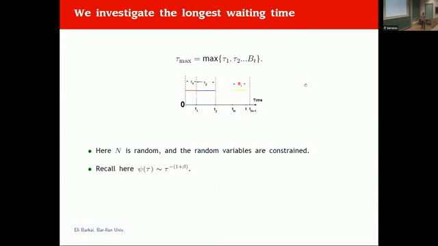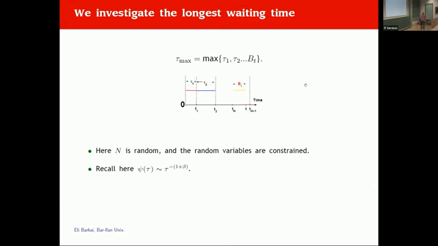We have these waiting times, tau 1, tau 2, etc., until some measurement time t. The last one is called the backward recurrence time, and we are looking at tau max, which is the maximum of all these times. Then this is a problem in extreme value theory, but these are correlated because the sum of all these is the finite time t, but it is related to extreme value theory.